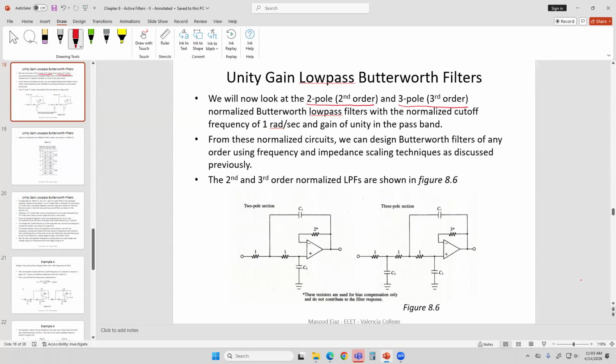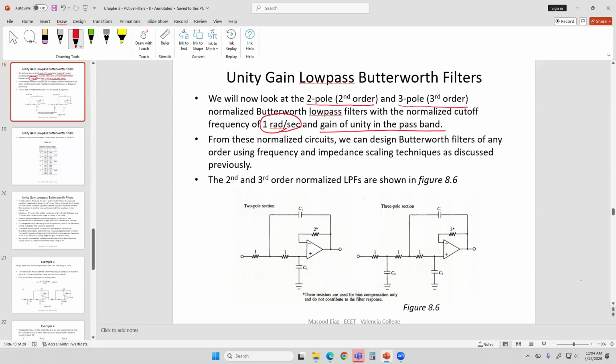Now, these normalized filters have a cutoff frequency normalized to 1 radian per second, and a gain of unity in the passband. So although they're active filters, they're not providing any gain in the passband. The gain is unity. Input and output are going to be the same in the passband.